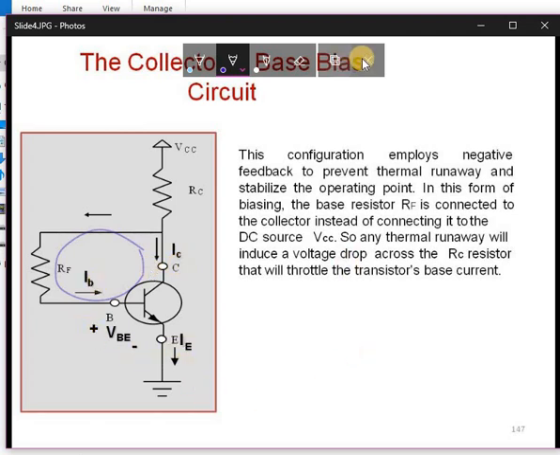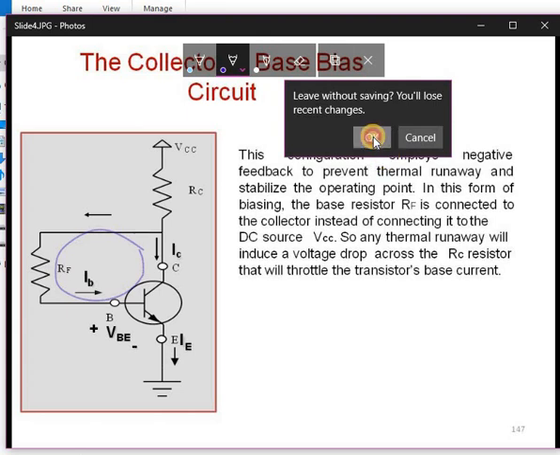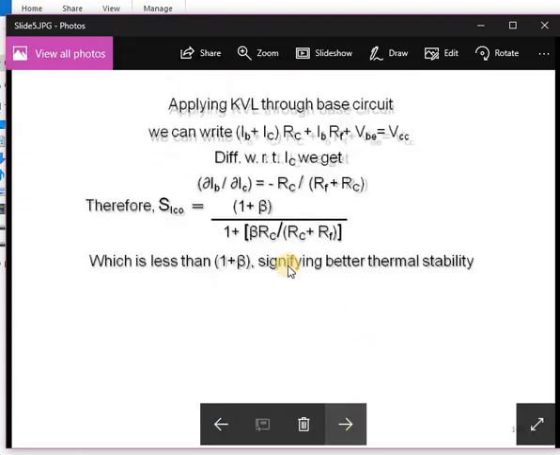Then we get (IB plus IC) into RC, because the current flowing through the collector resistor is IB plus IC, the summation of the IB current and the IC current, plus the current flowing through the base resistor, which is the base current IB, into RF, plus the voltage drop between base and emitter, VBE. The total will be equal to the applied DC source, here VCC.